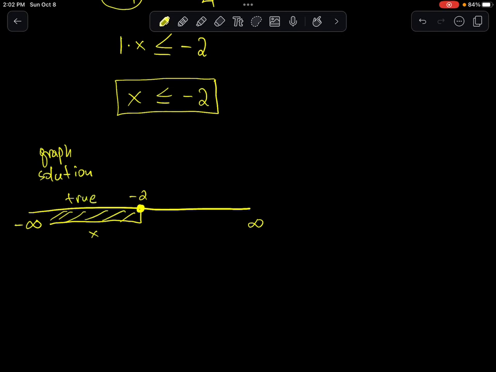What happens if you plug in any of the other numbers that are here? For example, negative 1, 0, 1, 2, 2.3, 3, 1000. What happens is that if you plug in any of those numbers that are to the right of negative 2, you'll get a false statement. Okay, so here is the graph solution.